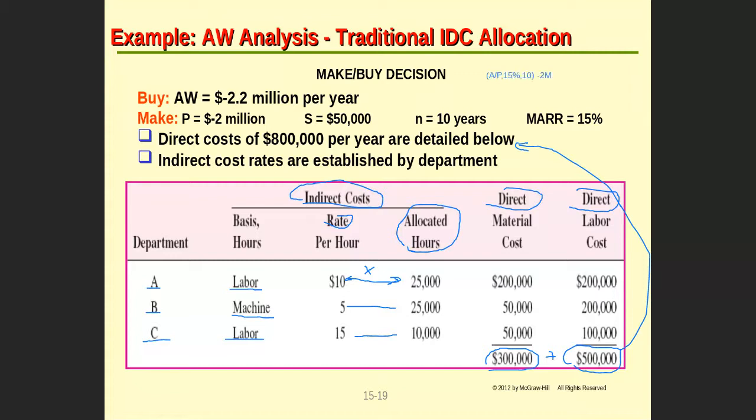This is the annual worth for the principal. For the salvage, it will be A given F for 15% for 10 years times $50,000. And this is how you convert the principal and how you convert the salvage.